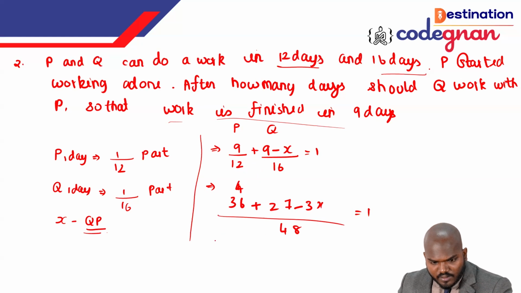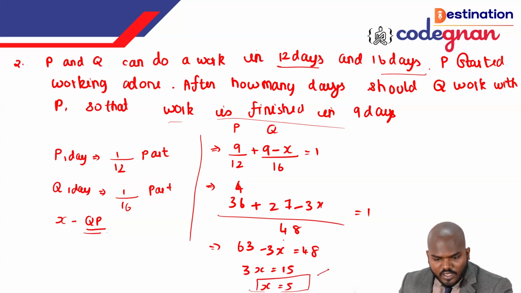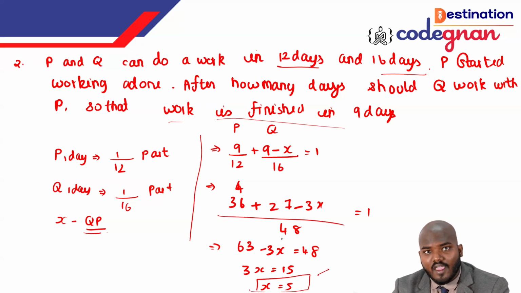So we get 63 minus 3x is equal to 48. That gives 3x is equal to 15, so x is equal to 5. This is how you need to manipulate the answer. After 5 days, Q is joining with P.